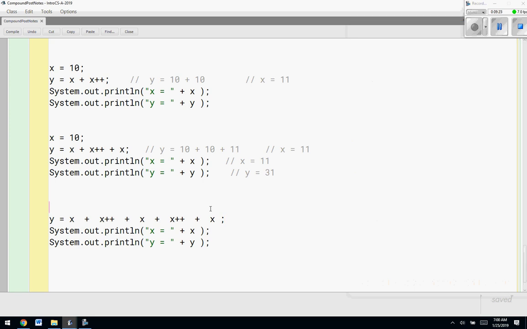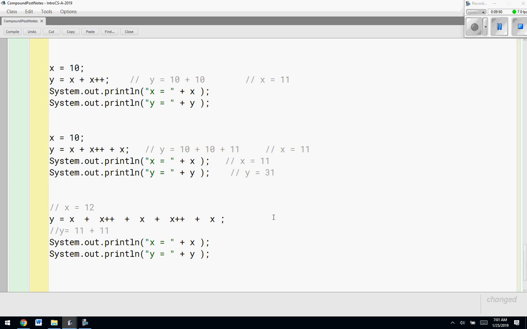Here it looks like I forgot to reset x to 10, so x's current value is 11. Let's keep that in mind. Okay, so y equals current value of x, which is 11, plus current value of x, which is 11. Now pause, x is now 12, plus x, so plus 12.